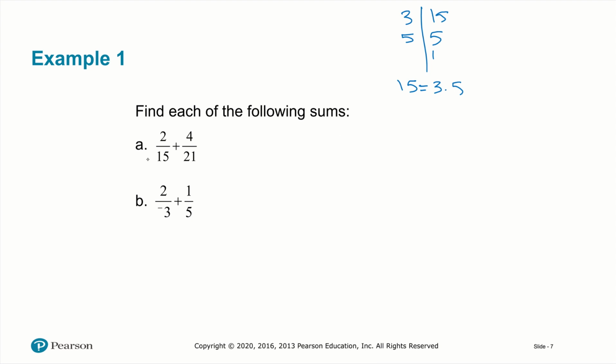And 21 is going to be handled with 3 and 7, so in other words, 21 is just 3 times 7.